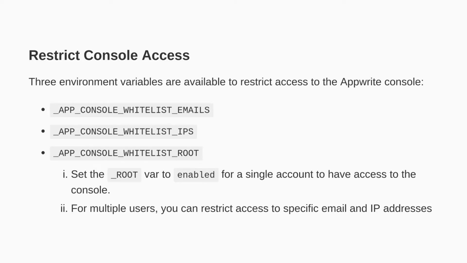Once you create your first user, no one else will be able to sign up for a new account. However, if you want multiple users, you can disable the root whitelist and instead enable the whitelist of emails or IPs to allow secure access to only the people that you want to have access to the Appwrite console.